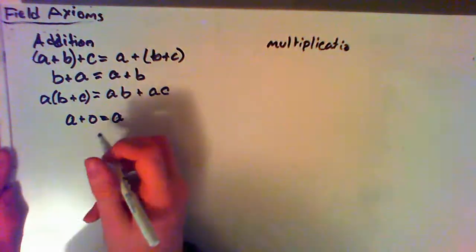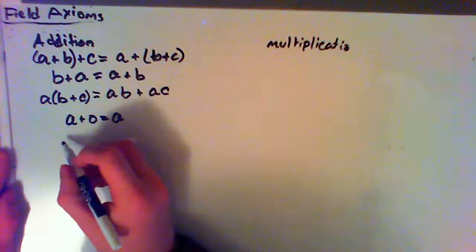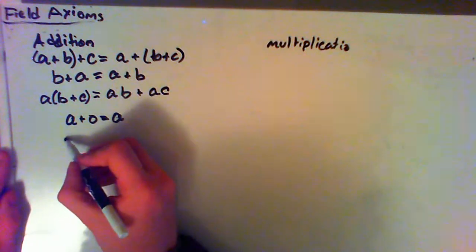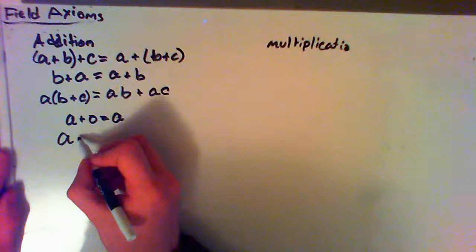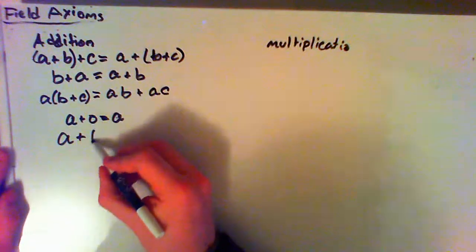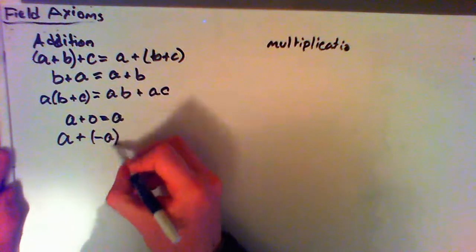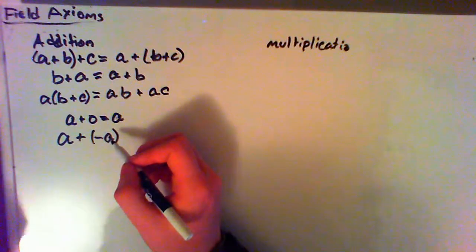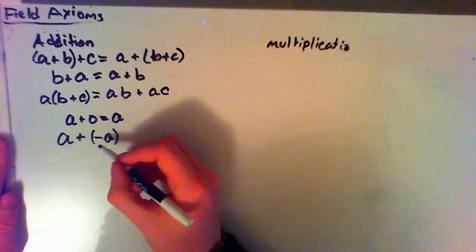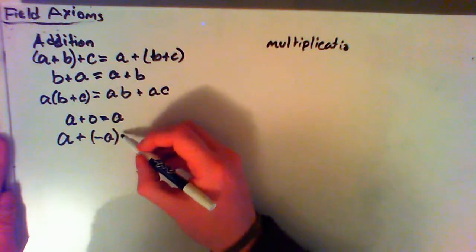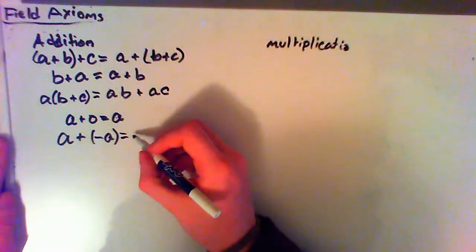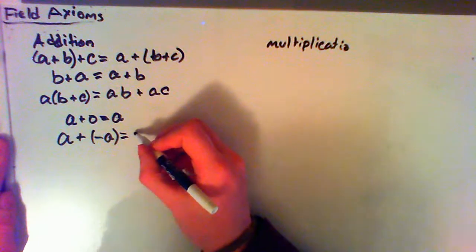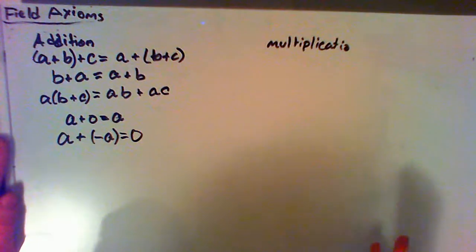Now we're going to go for inverse. The inverse for addition is written as negative A. And this means that you just take A plus its negative equals 0.